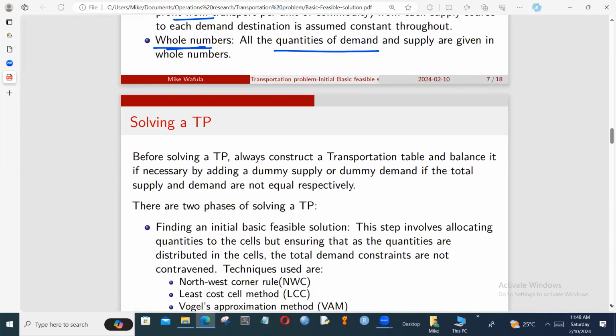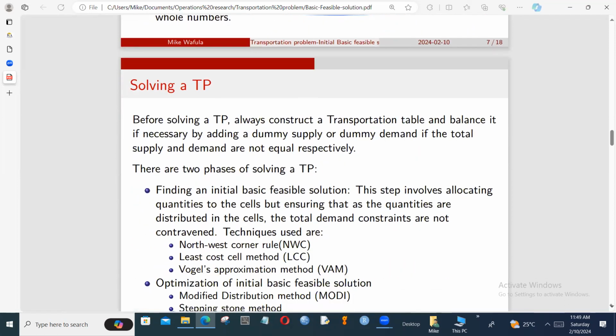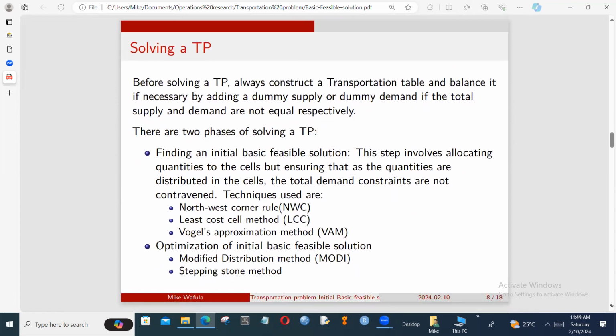So that bit was just to give us a highlight of what the transportation problem is all about. And we now get to the big thing that we should be spending most of the time on here.